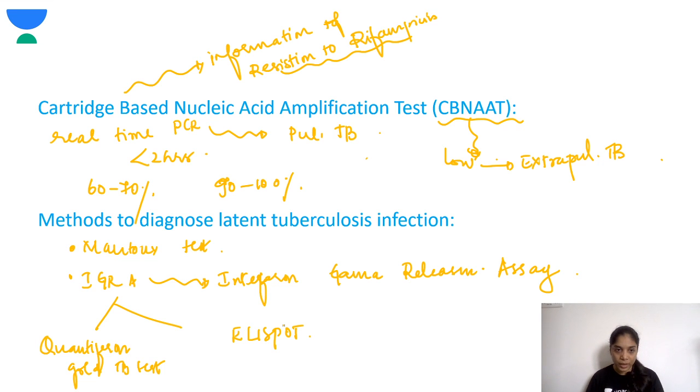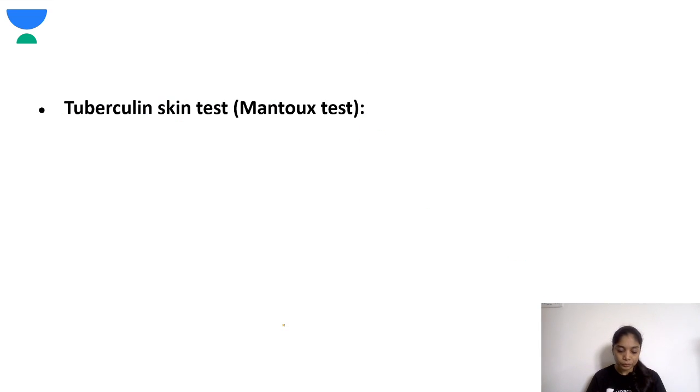So basically you quantify the interferon gamma released from the lymphocytes sensitized by the bacteria. So this is an assay of interferon gamma. There are two types: one is the QuantiFERON Gold TB test, another is the ELISpot.